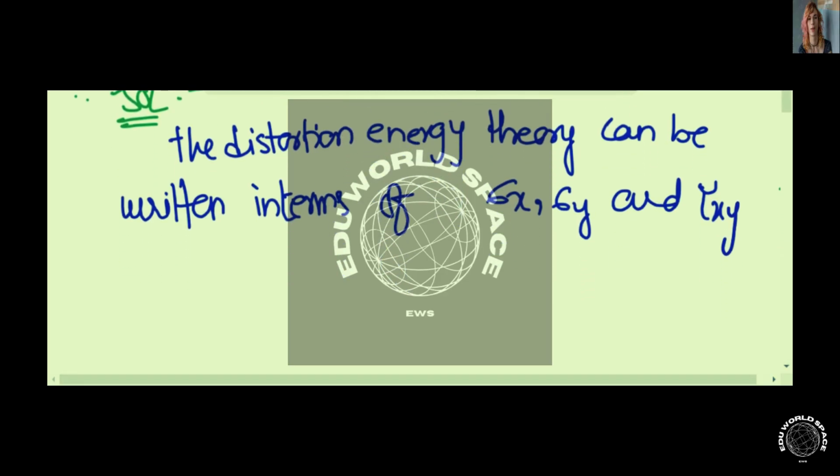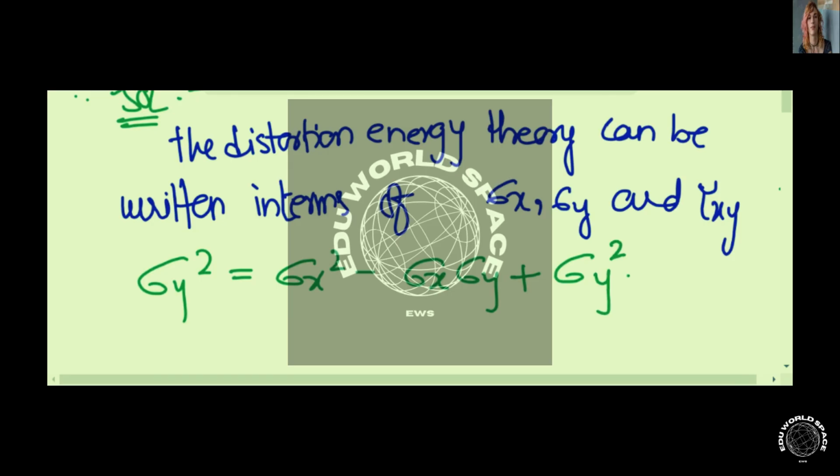So it can be written as sigma sub Y squared is equal to sigma sub x squared minus sigma sub x times sigma sub y plus sigma sub y squared plus 3 times tau sub xy squared, right?